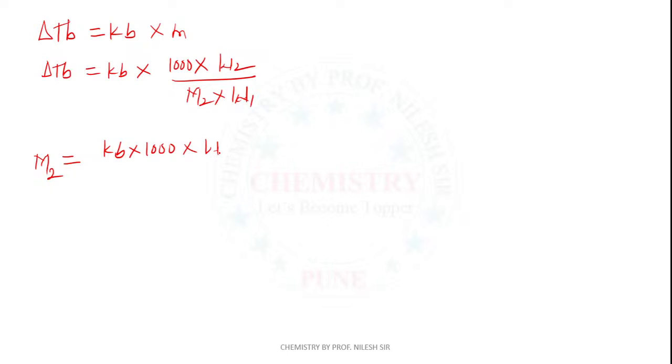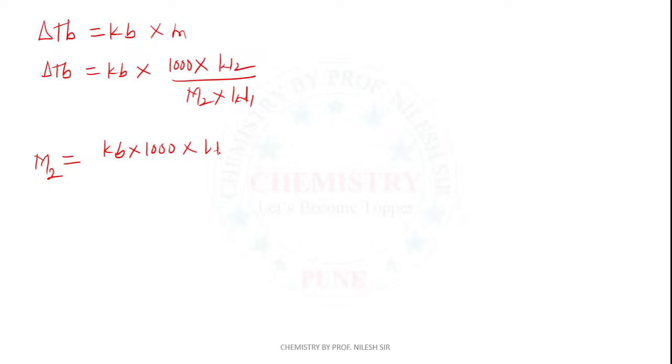What is the value given for Kb? Kb value is given as 2.77. So 2.77 into 1000 into weight of solute, given as 50 gram, divided by delta TB. We have to calculate delta TB. Delta TB is equal to TB minus TB naught.